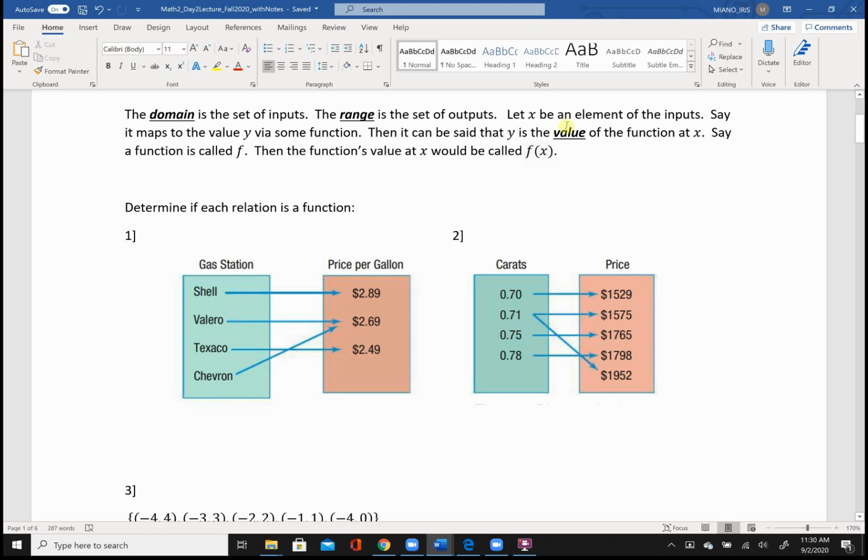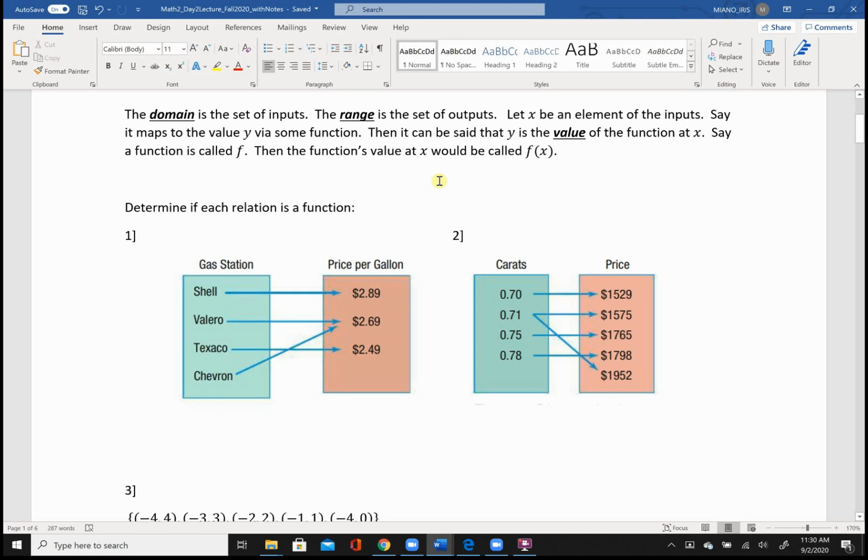So yes, please go ahead and make sure you familiarize yourself with these terms. And also with function notation here, this particular one that I have highlighted under my cursor, f of x is the way you would read this. And that's just saying that this is the function's value at x.